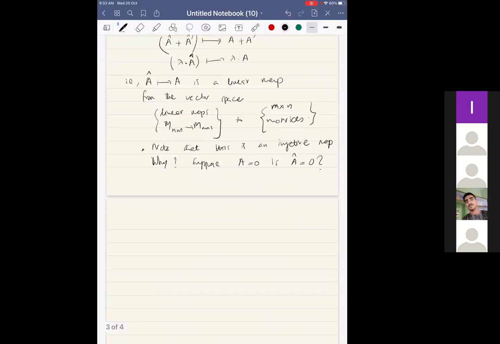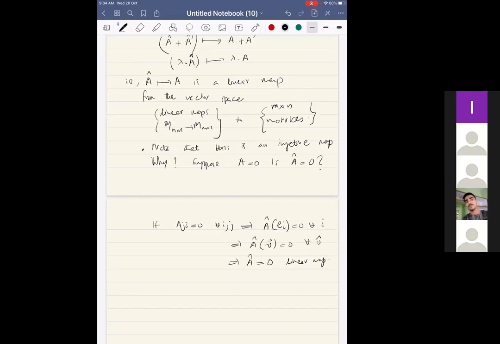If A_ji are 0 for every i, j, this implies that A hat acting on every e_i is 0 for every i, which means that A hat acting on any vector v is 0 for every v. This implies that A hat is the zero linear map. So the claim is proved that if the matrix associated to a linear map is 0, then the linear map is itself 0.